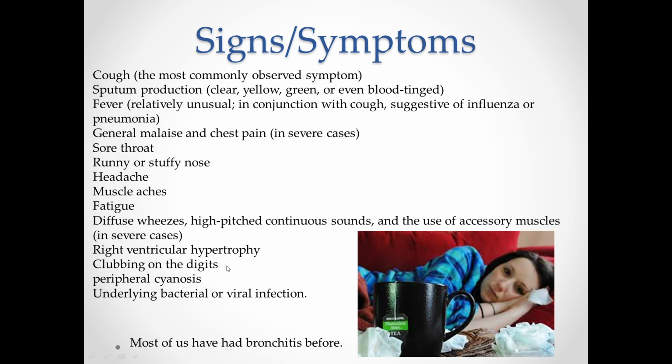When I put this on the slide, I also want to mention that people in the respiratory field typically think of, and there's a lot of people in general that typically refer to, particularly in the critical care settings, digital clubbing as being associated with chronic hypoxemia. But I actually encourage you guys to do some homework on digital clubbing. I think what you'll find is there are a number of causes of digital clubbing.